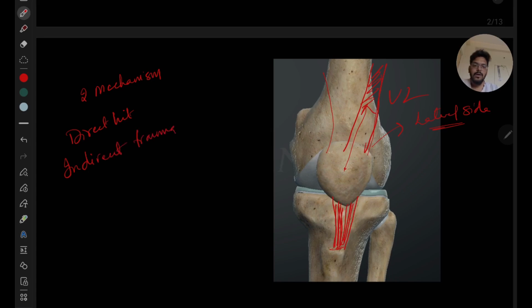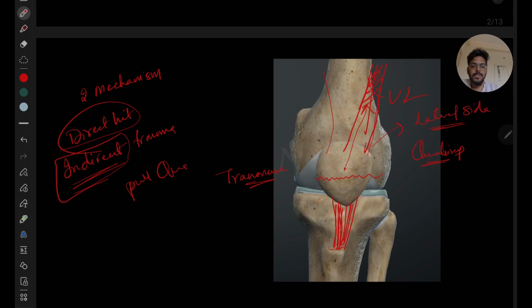Indirect trauma is because of the pull of the quadriceps muscle. If the quadriceps muscle pulls strongly and the patellar ligament is restraining, then the patella will get fractured in a transverse fashion. Okay, this is indirect trauma because of the pull of the quadriceps.